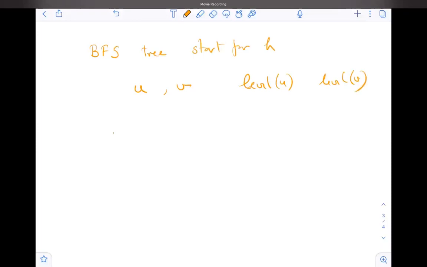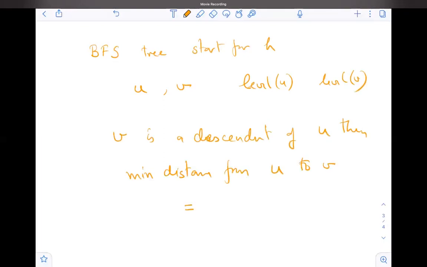Now, if V is a descendant of U, then the minimum distance from U to V is actually nothing but level of V minus level of U. Yes, this is true. Okay, so this is what we are saying.